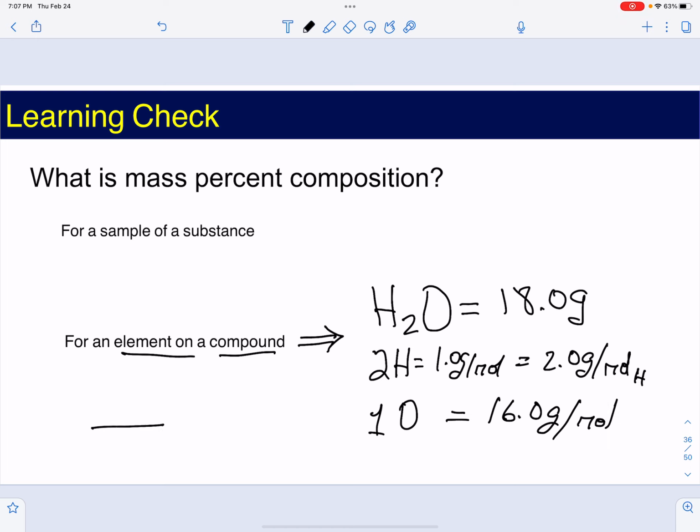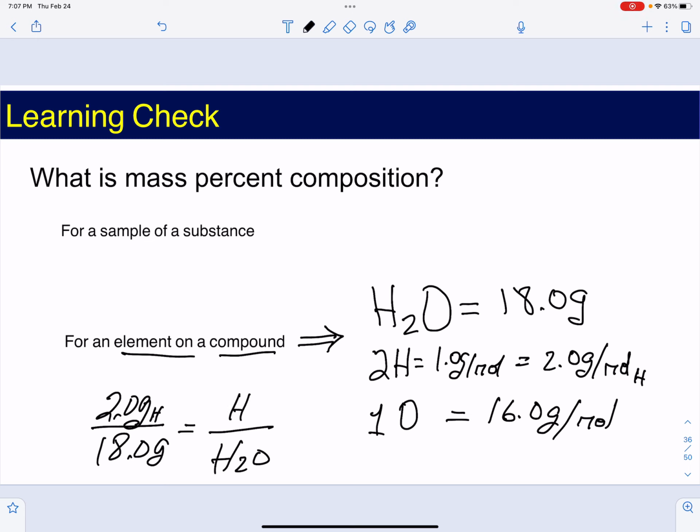So I can say that out of every 18 grams of water, I have 2.0 grams of hydrogen. I can also say that from every 18 grams of water, I have 16.0 grams of oxygen.